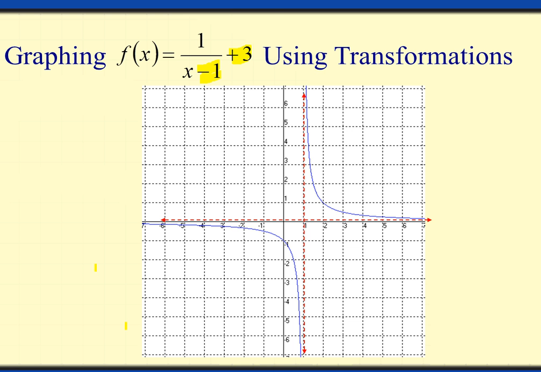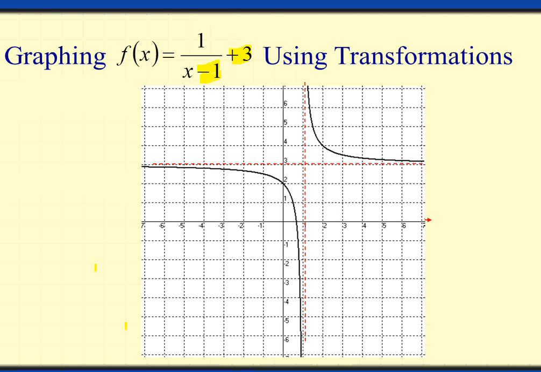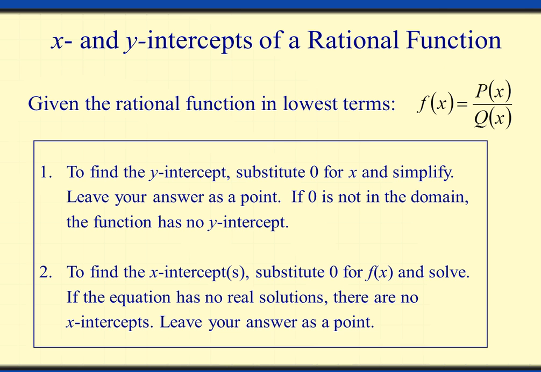And then if we shift that graph up 3 units, then we would see that it would look like that. Now those red dashed lines we'll discuss a little later, but those are called asymptotes. The horizontal dashed line is a horizontal asymptote, and the vertical dashed line is a vertical asymptote, and we have a way of predicting where those will be.